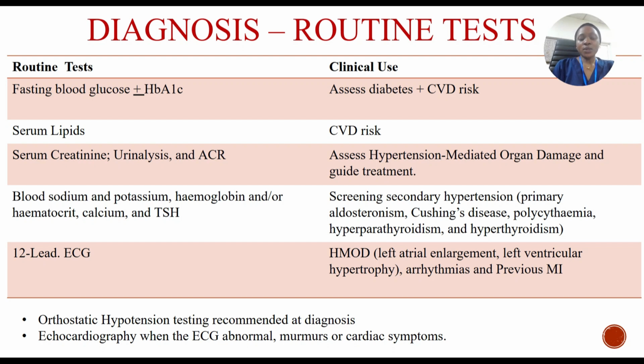If the drop is more than 20/10, it means they have orthostatic hypotension. Among people with orthostatic hypotension, we would usually want to start with monotherapy, and treatment is less aggressive. So this information on orthostatic hypotension is important at diagnosis.